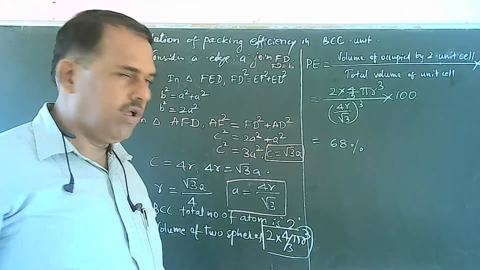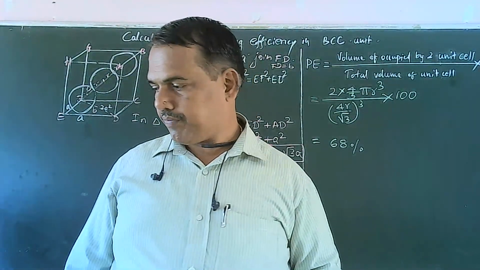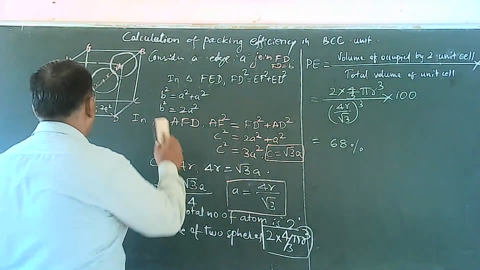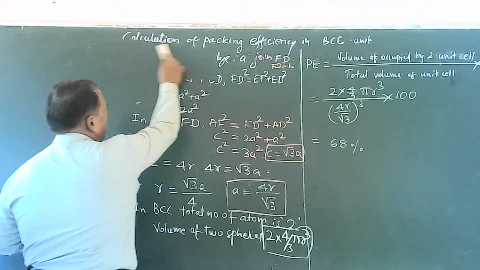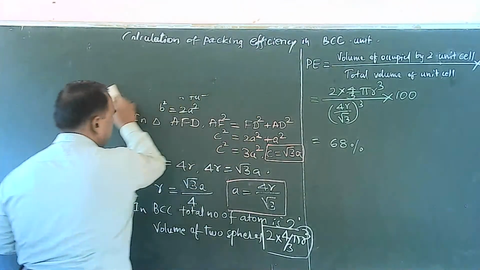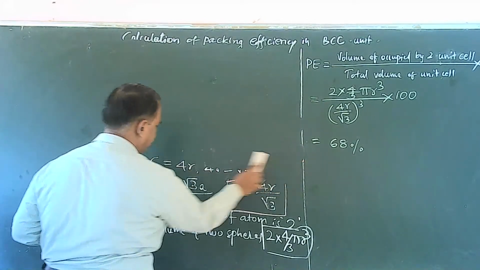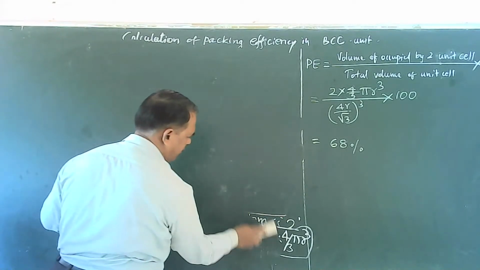So we shall continue our discussion on calculation of packing efficiency in simple cubic. Okay, calculation of packing efficiency in simple cubic. So I am going to do this calculation of packing efficiency in simple cubic. Are you clear? So we derived two packing efficiencies.